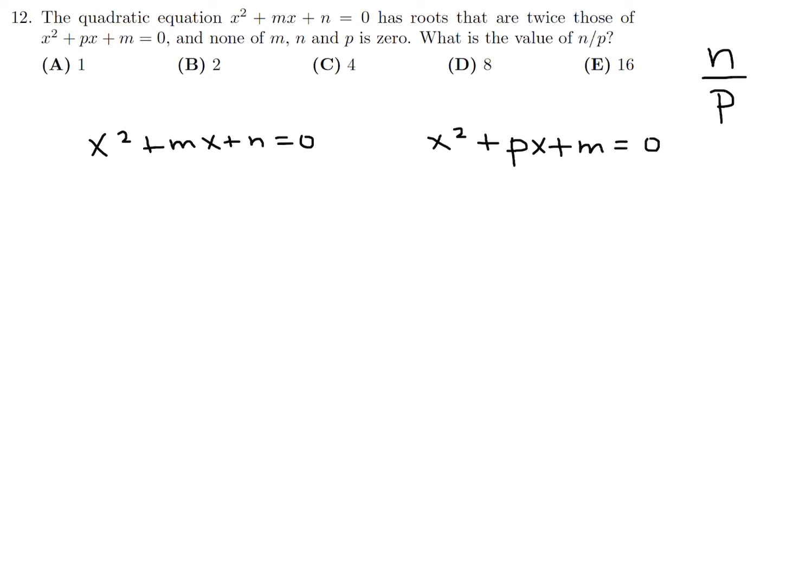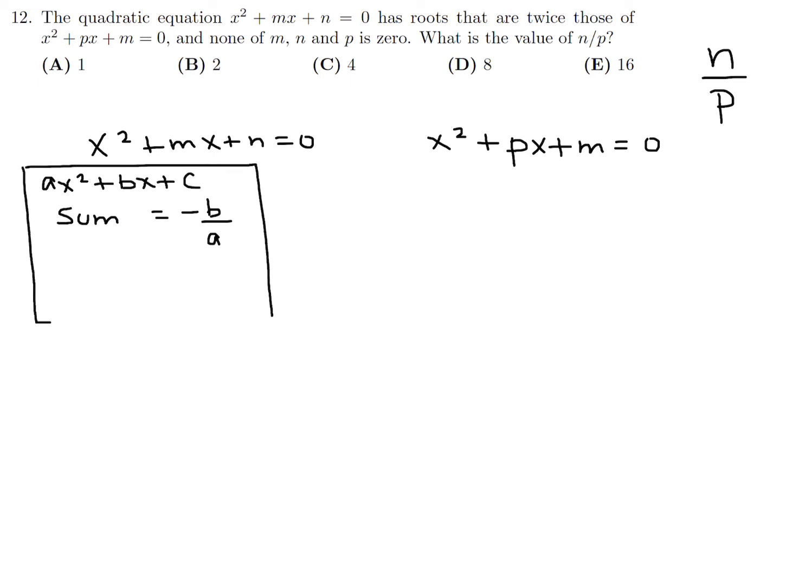Now, in this question, we're going to use those 2 famous rules. For any polynomial of the form ax squared plus bx plus c, the sum of the roots is minus b over a, and the product of the roots is c over a. So we're going to use that in this question.